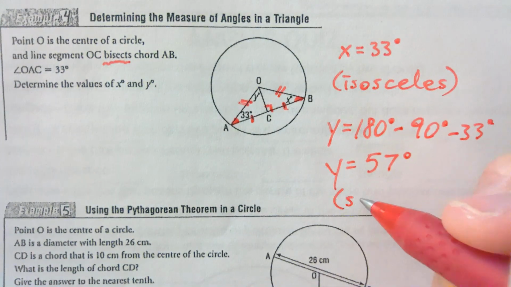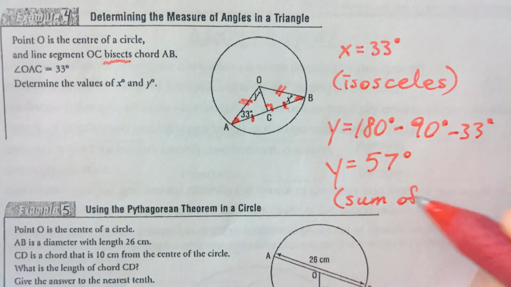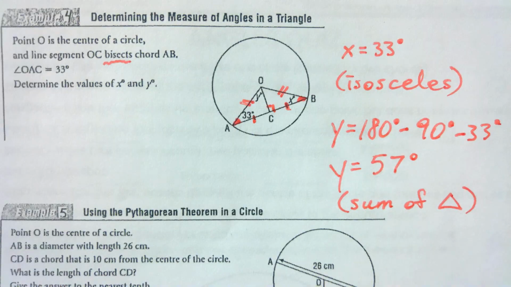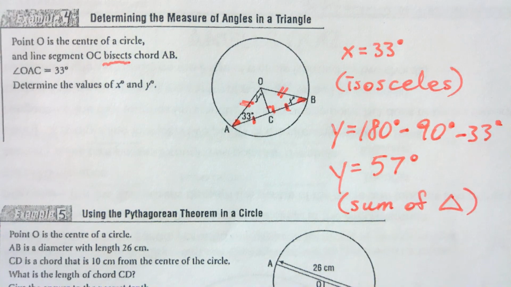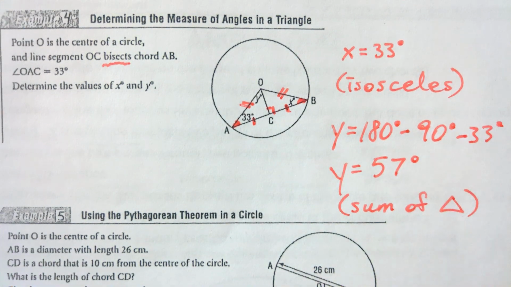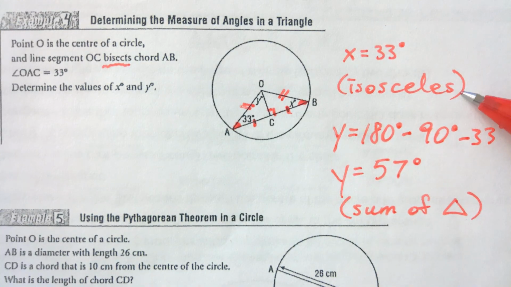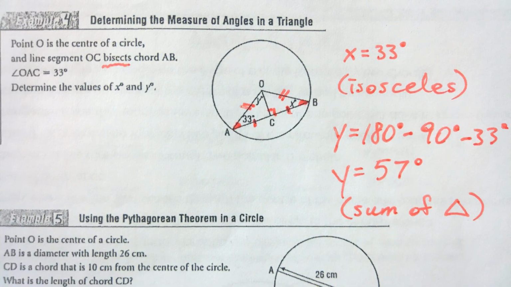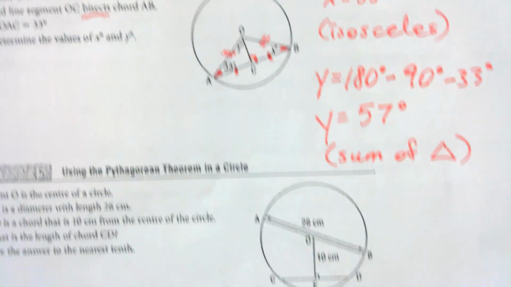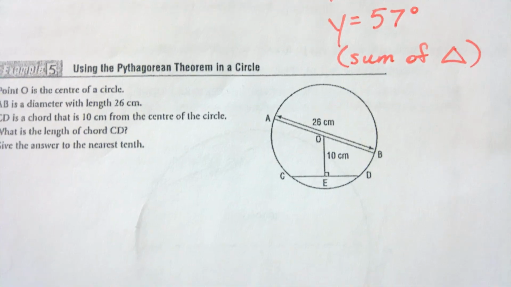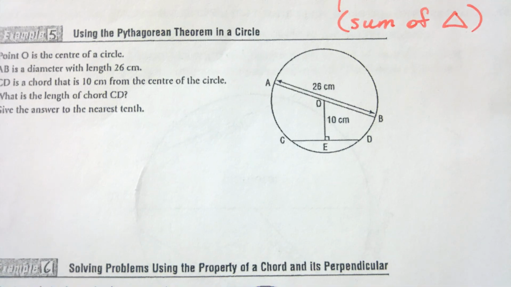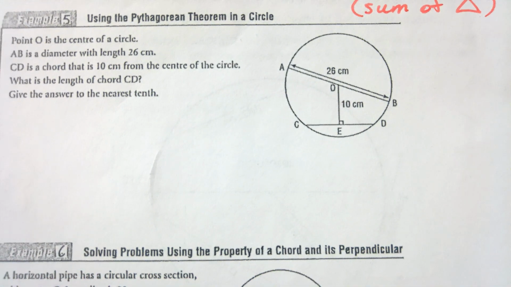And we can say sum of triangle. All these questions that we're doing, I do put the reasoning in brackets because that's part of your justification. On the test, if I ask you to explain, I don't need a whole paragraph. I just need some sort of justification.